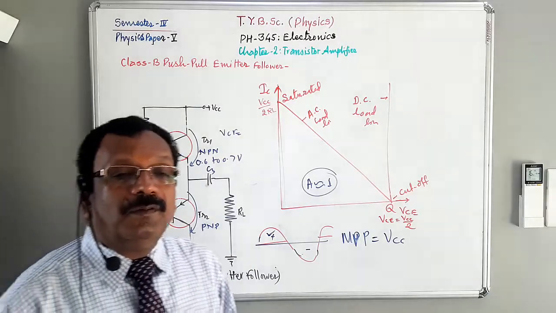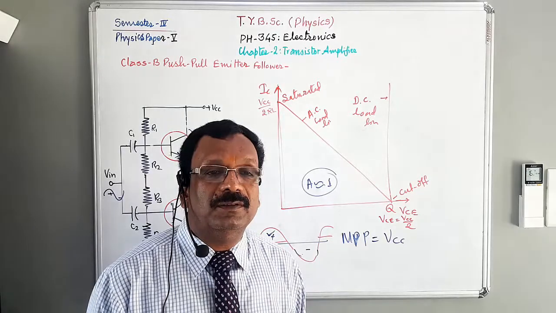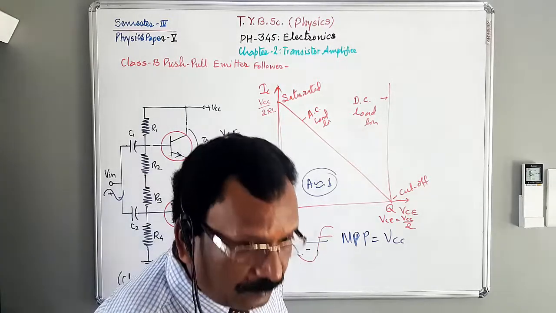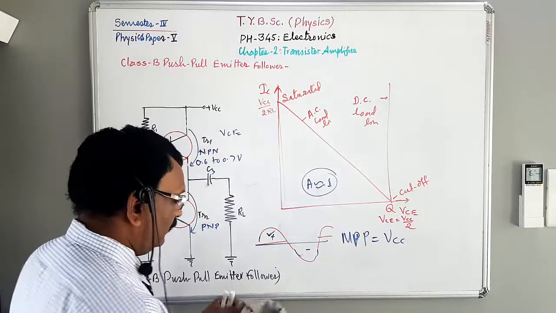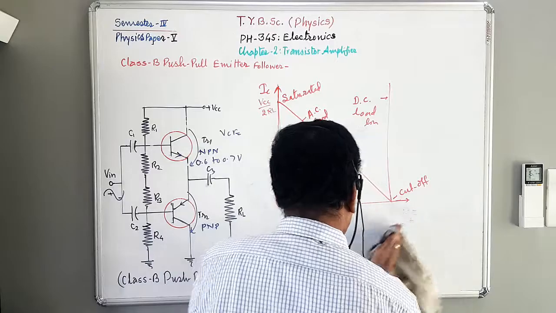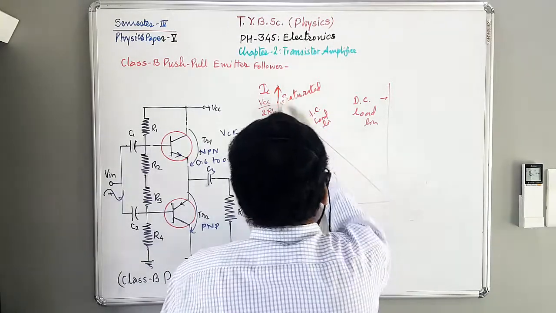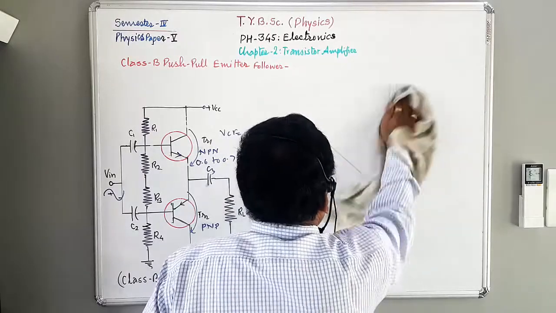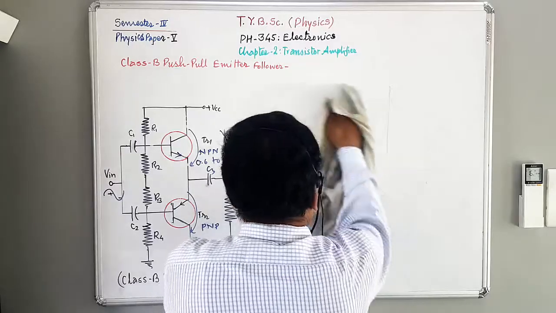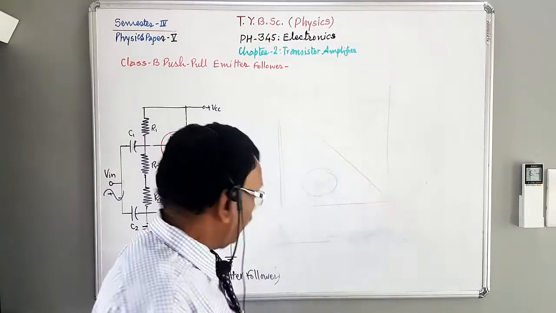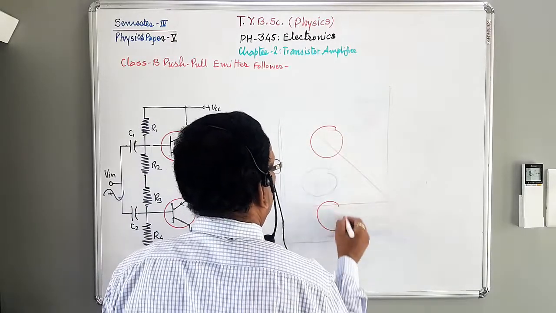Now, we would like to see the crossover distortion. Before that, how does crossover distortion occur? Suppose, I am again going to repeat, this is transistor 1 and this is transistor 2.